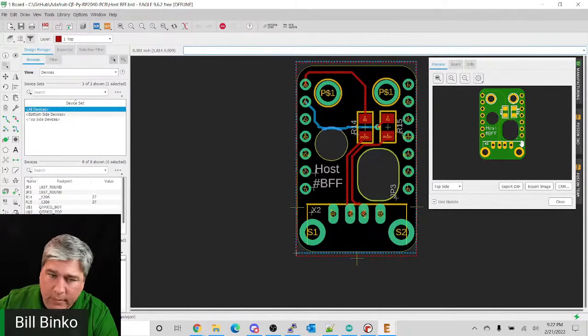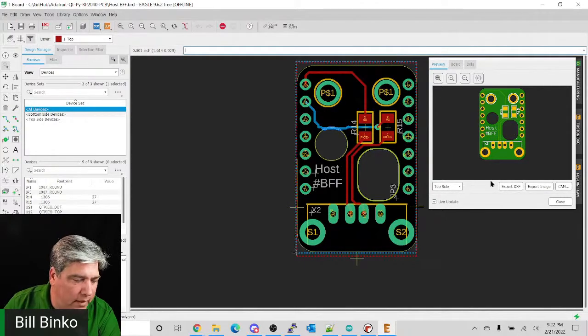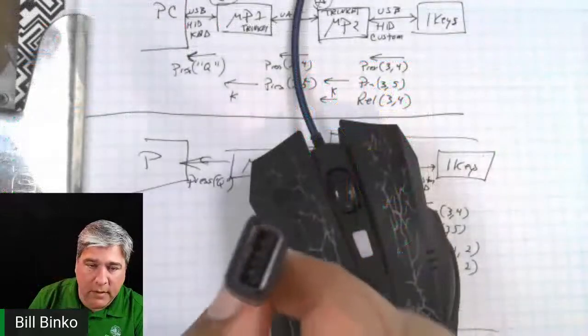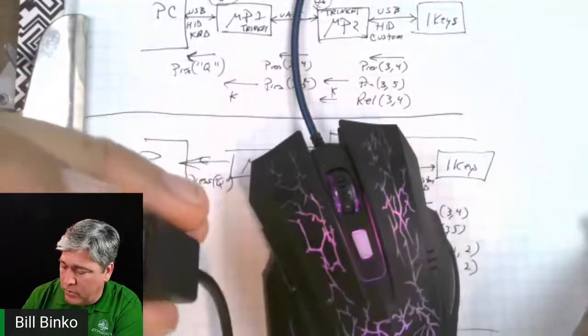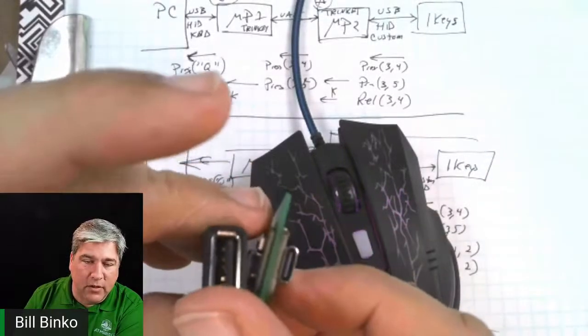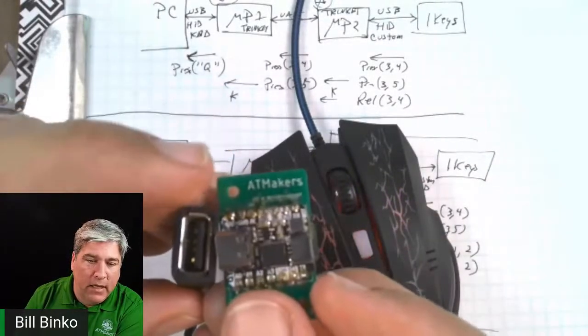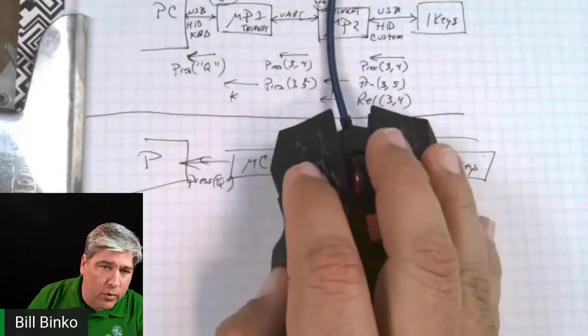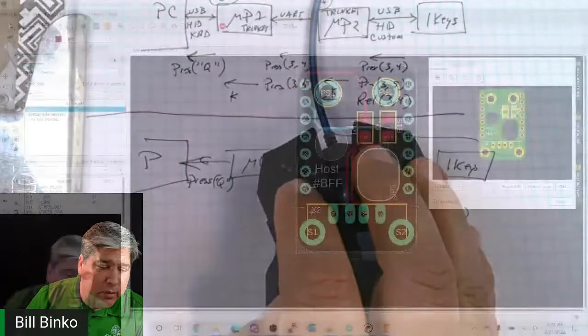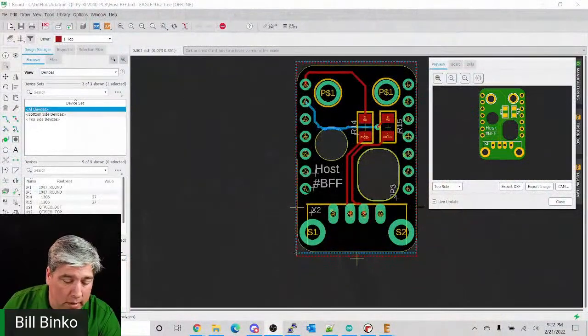In other words, it would add a port that looks like this, that your mouse can just plug into, to a device that looks like this, on the back. And if we had the ability to use the RP2040 secondary port, that would just work.